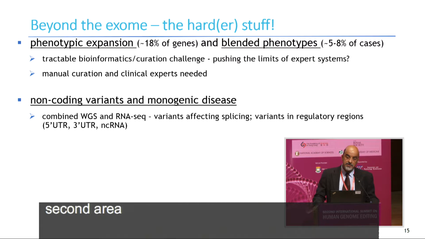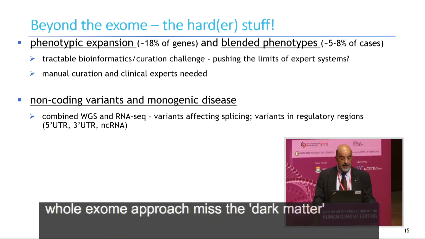To date, most genomic testing in a clinical setting has been a whole exome-based approach. So that means that the dark matter of the genome is essentially being missed or not looked at. And so it's evident, I think, that a combination of whole genome sequencing and RNA-seq and other approaches, proteomic approaches as well, will start to give us a handle on the non-coding variants and how they might cause primary disease.